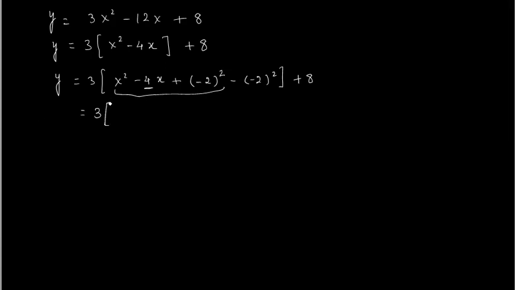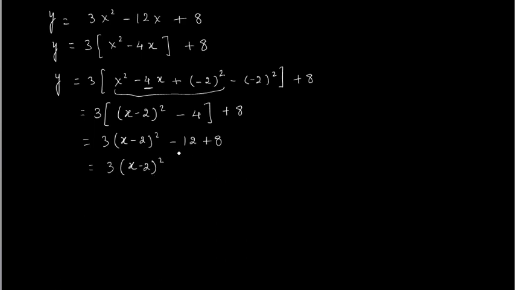So this term becomes (x minus 2) whole square minus 4, plus 8. Let us multiply 3 inside the bracket. We get 3 times (x minus 2) whole square minus 12 plus 8, which is simply negative 4.